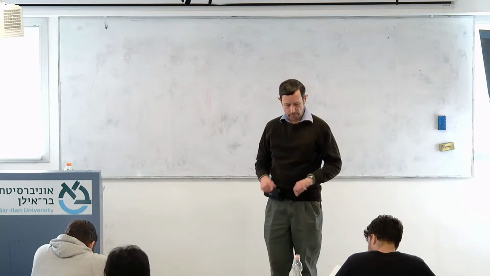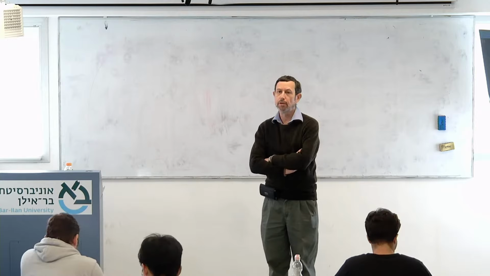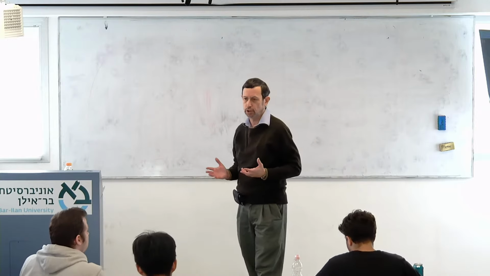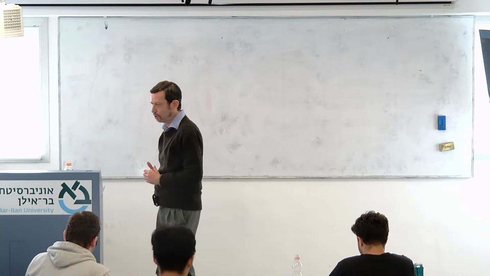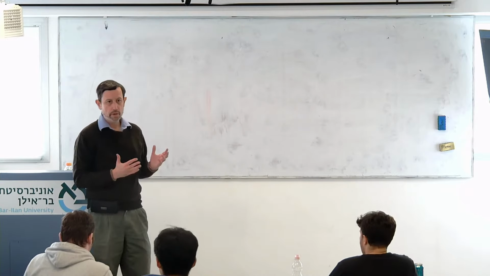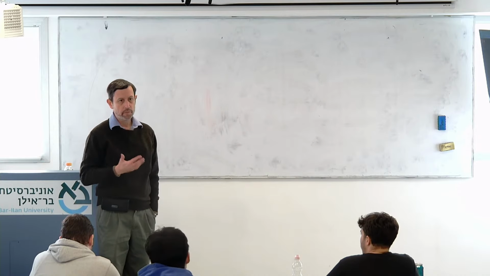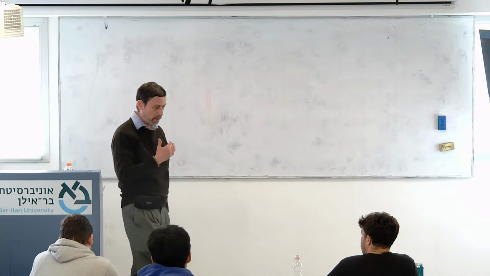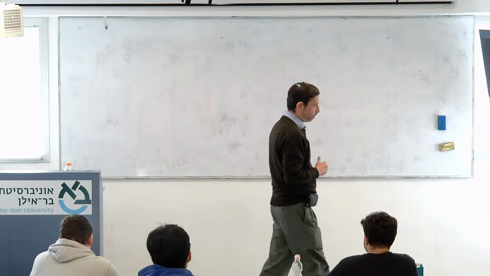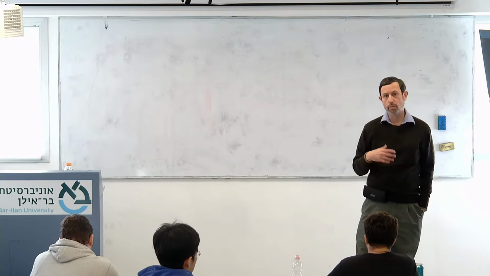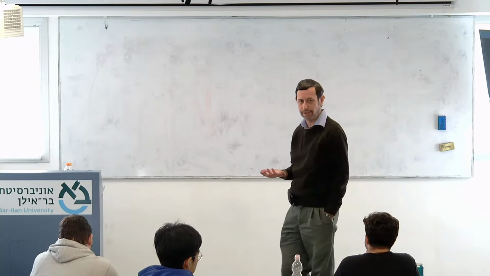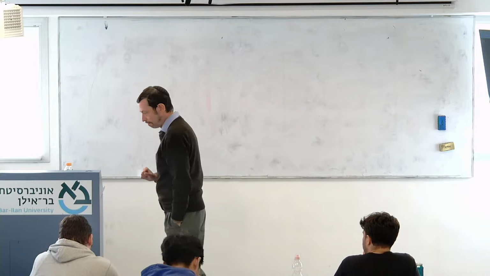So, just before the recess, we have shown that if we know the result of a measurement in the z direction for a spin half particle, we don't know what's happening in the x direction and vice versa.